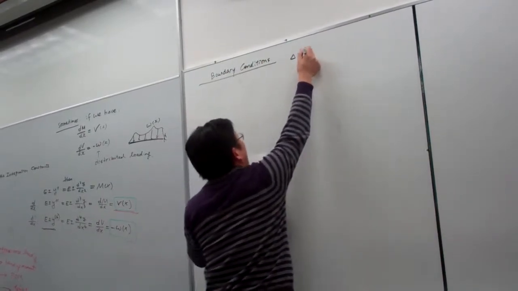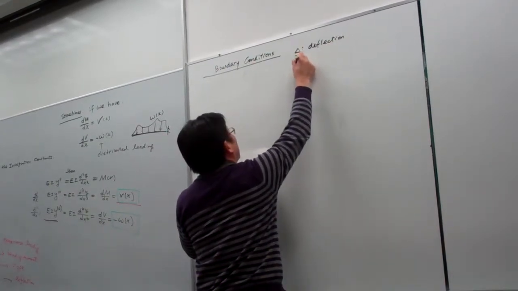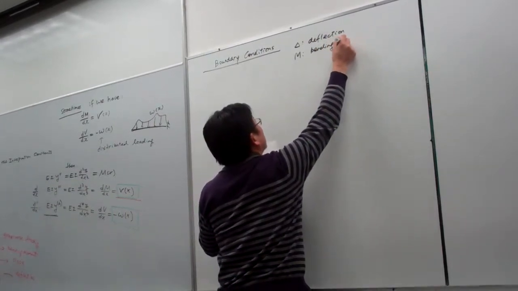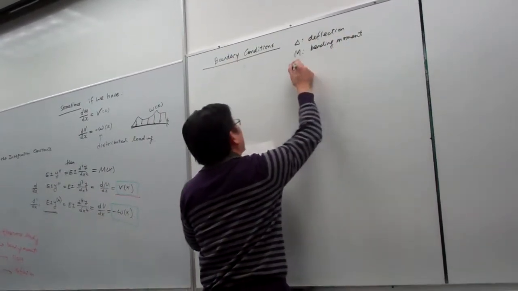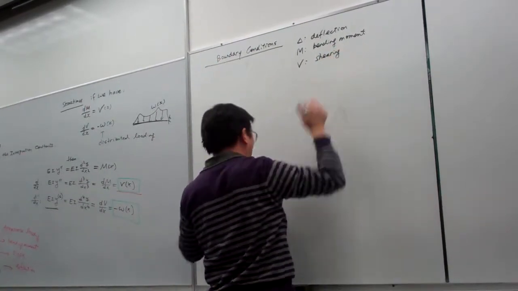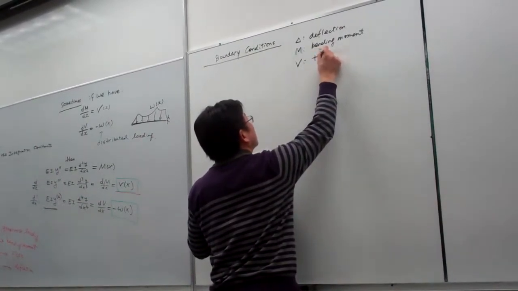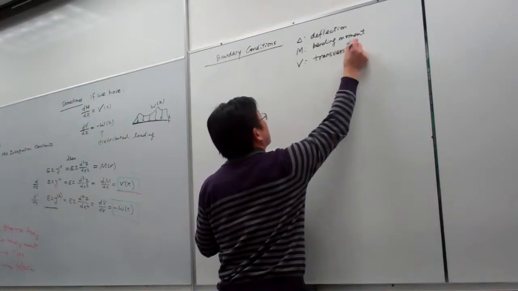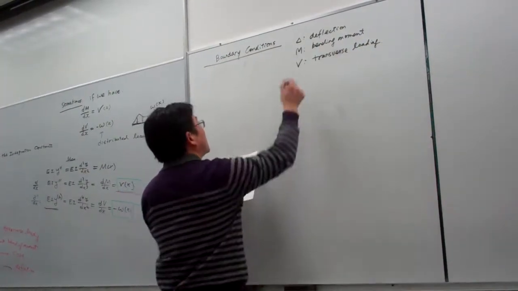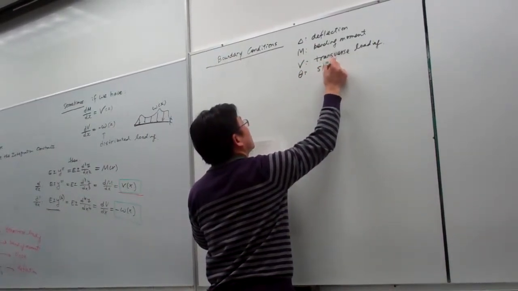The capital delta means deflection, and M means bending moment, and V means shearing or transverse loading. And theta, sorry, here theta means the slope.